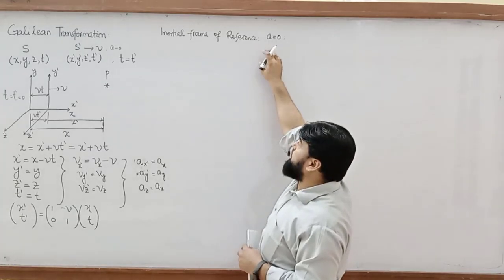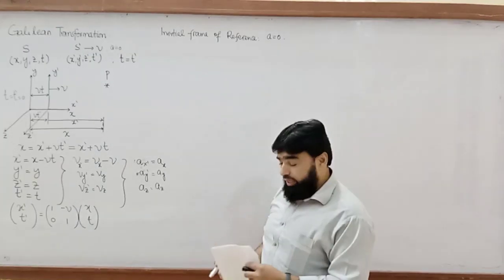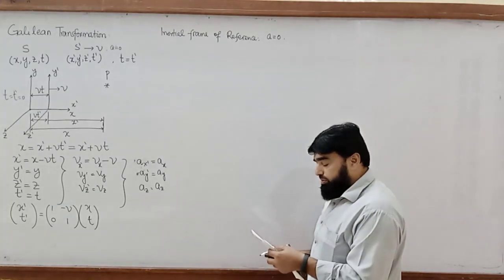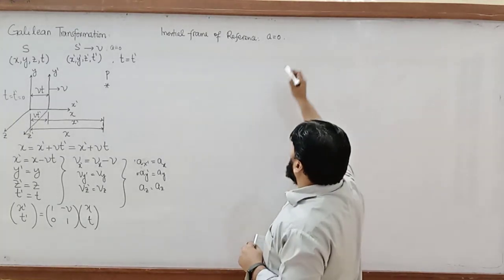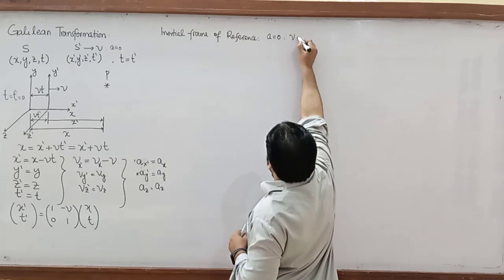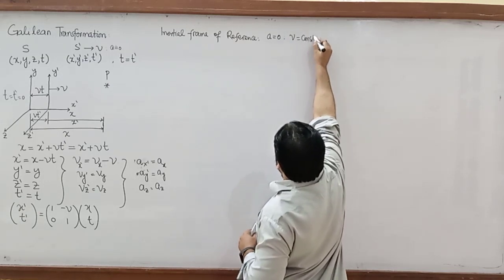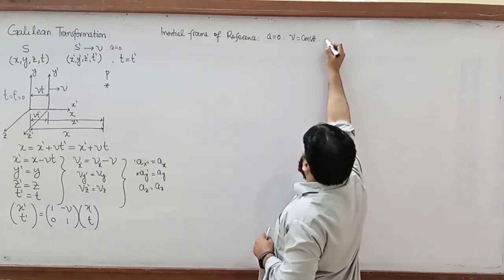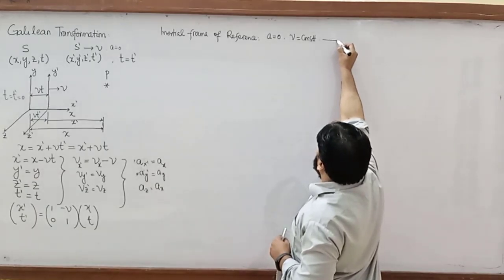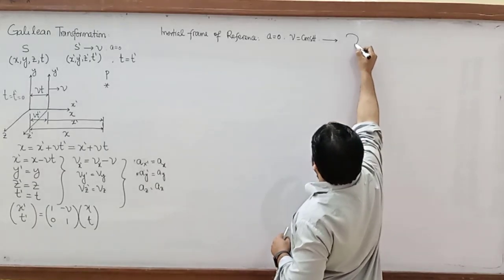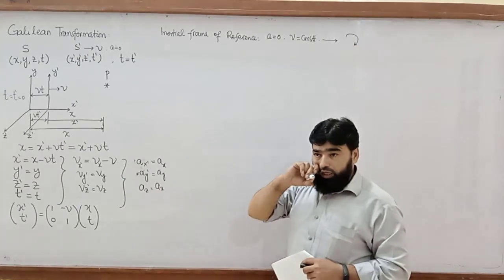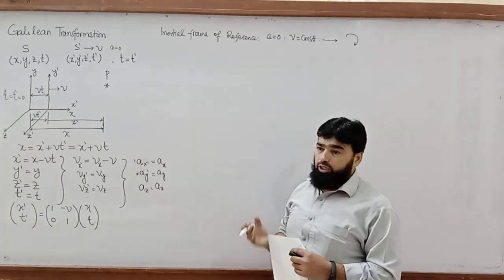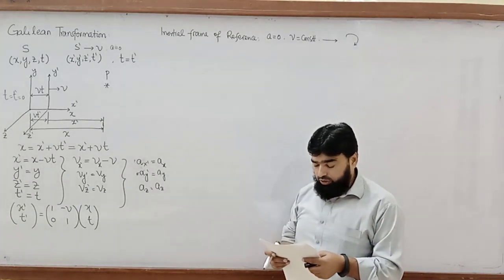So all these assumptions I can apply on an inertial frame of reference. So a equal to 0 means v is constant or uniform, and it will be completely a straight line motion, not a curved motion, because in curvature, acceleration will arise.